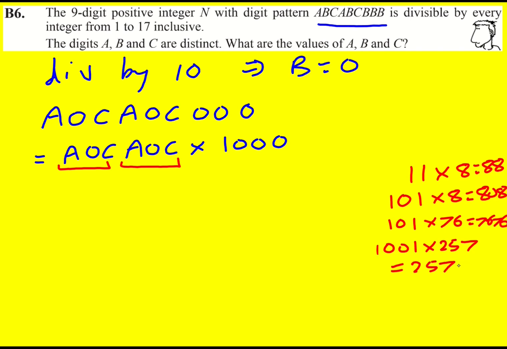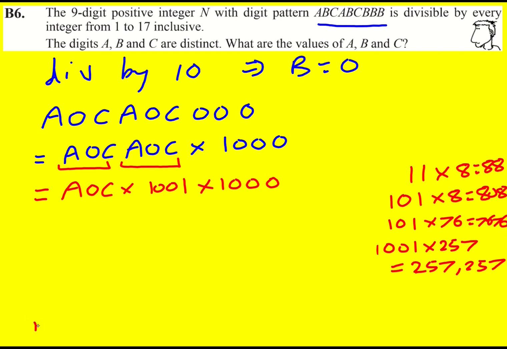So we'll get 257,257. And so what I'm trying to say is that this can be broken down even further into A0C times 1001 times 1,000. That is very subtle, but actually quite essential to being able to solve this problem.